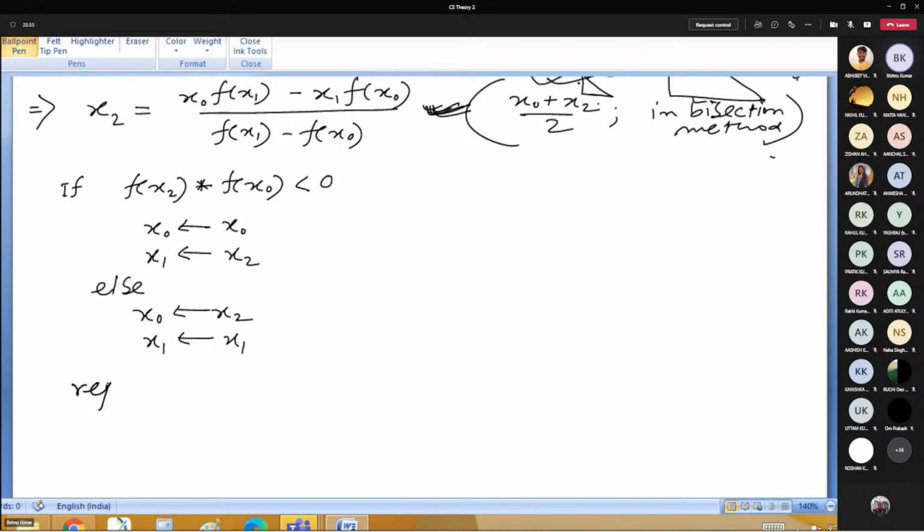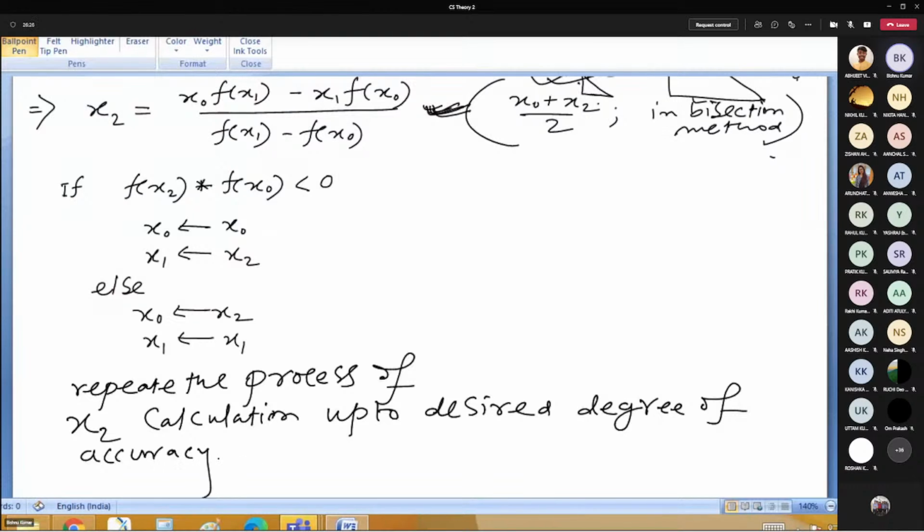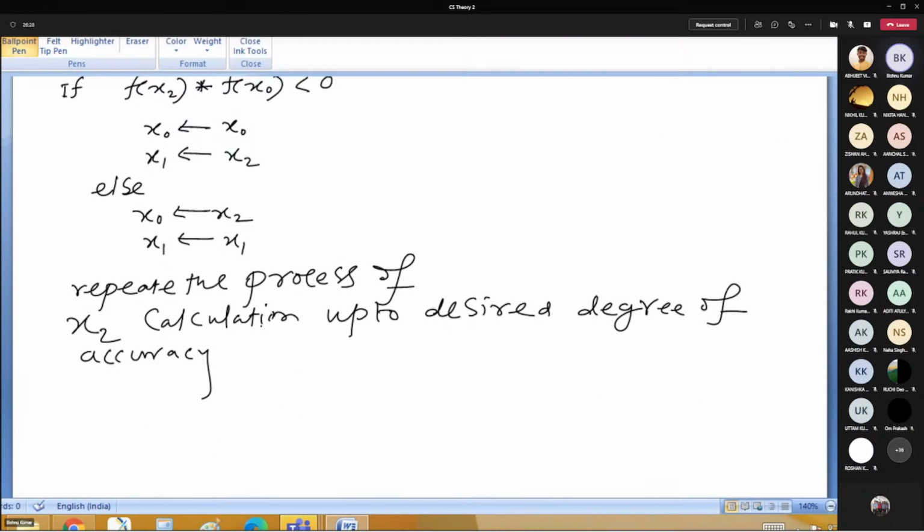Repeat the process of x2 calculation up to the desired degree of accuracy match.